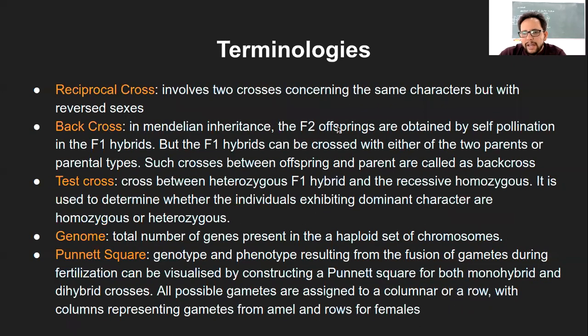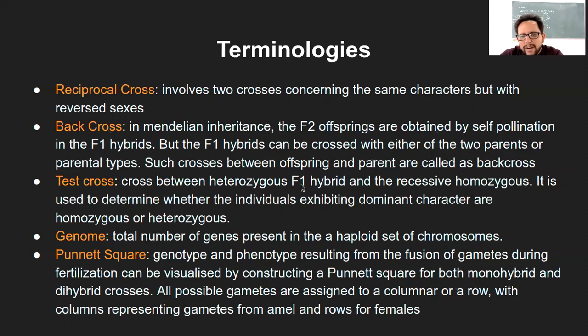So offspring obtained by self-pollination of F1 hybrids are crossed with either of the two parents, and such crosses between offspring and parent, that is between children and parent, are called back cross. And a test cross is a cross between a heterozygous F1 hybrid and a recessive homozygous.